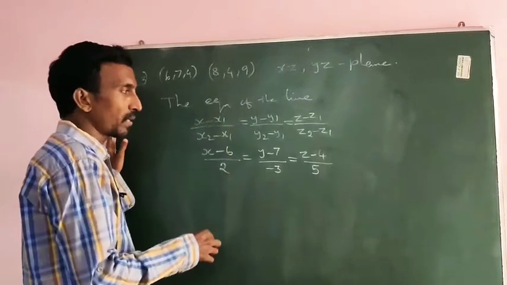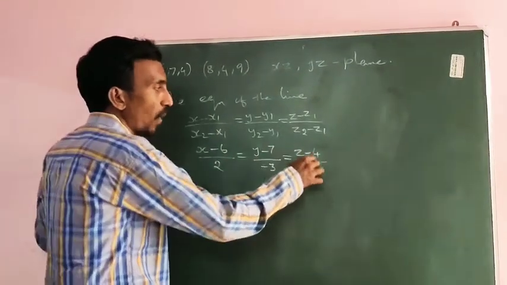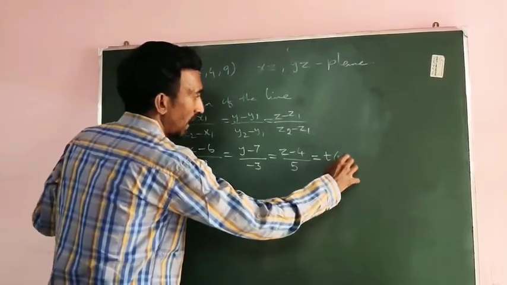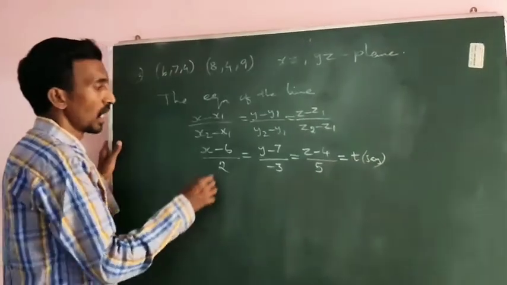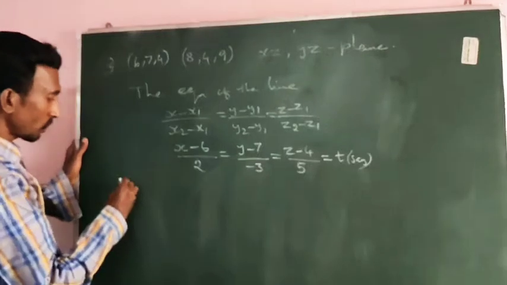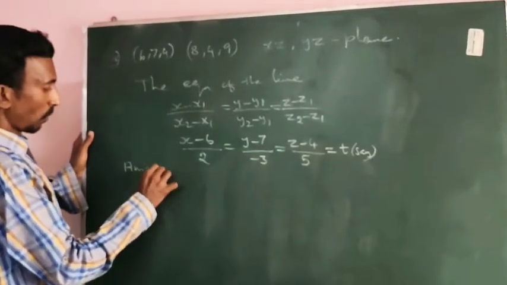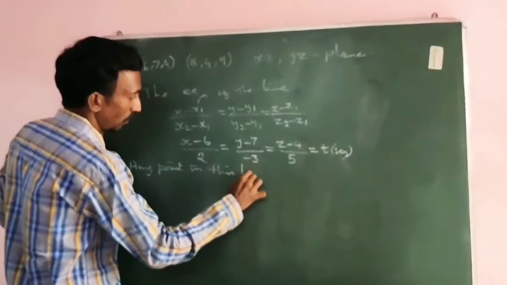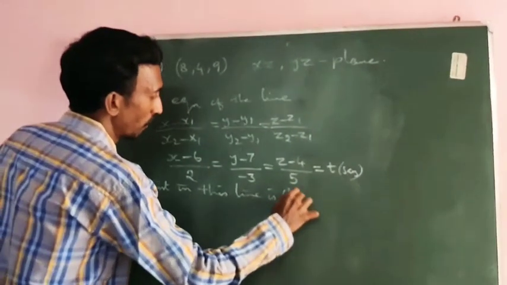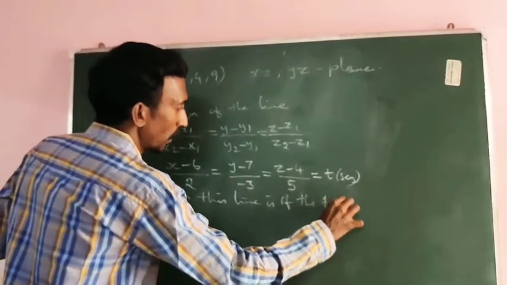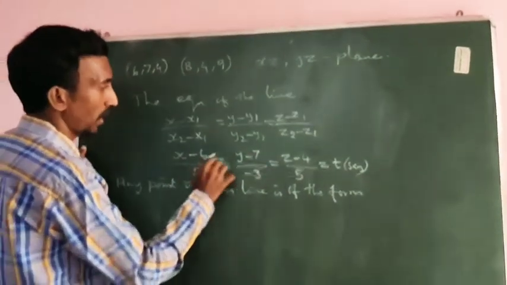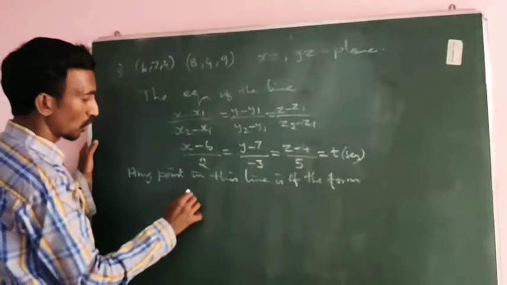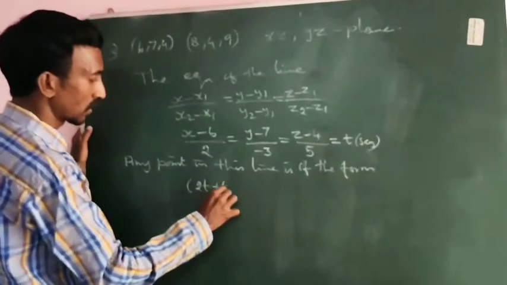So for that one, first find out the general point on this line. Equate it to some t. Okay, so equate one by one. Any point on this line is of the form: first equate the x coordinate, so x minus 6 equals 2t, so x equals 2t plus 6.